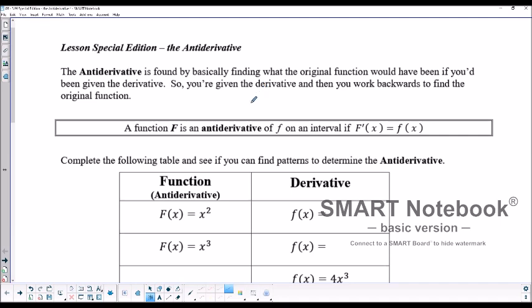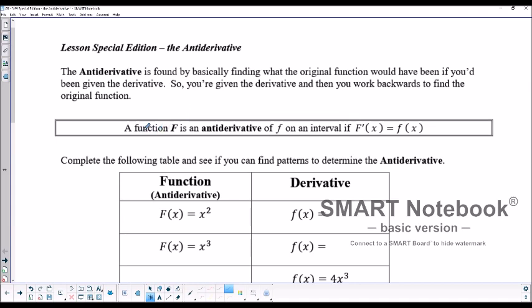The very basic foundation of integration is called antidifferentiation. So finding the antiderivative would basically be finding what the original function would have been had you been given the derivative.